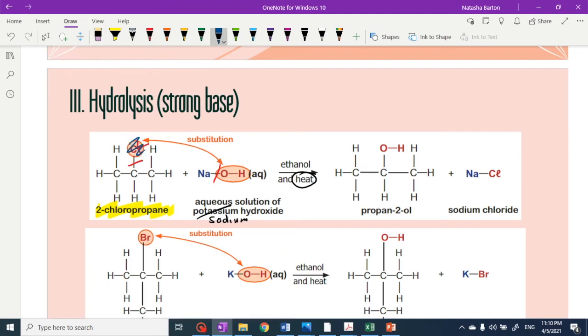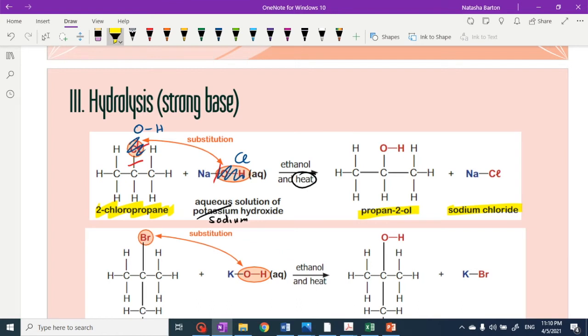And then we are going to have an alcohol forming and sodium chloride. So here at the end you can see we have propan-2-ol, that's the alcohol that is formed, and sodium chloride is the salt, the byproduct of this reaction.